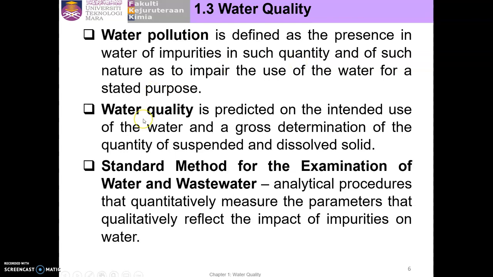Okay. So water quality is predicated on the intended use of the water. Okay. So standard method of examination of water and wastewater, we can use analytical procedure. Okay, this is the quantitatively measure, and the parameters qualitatively reflect the impact of impurities in water.